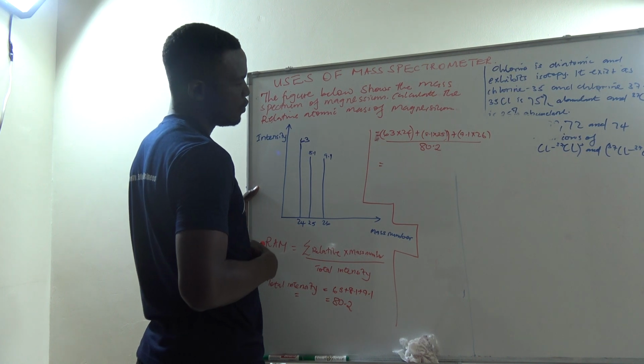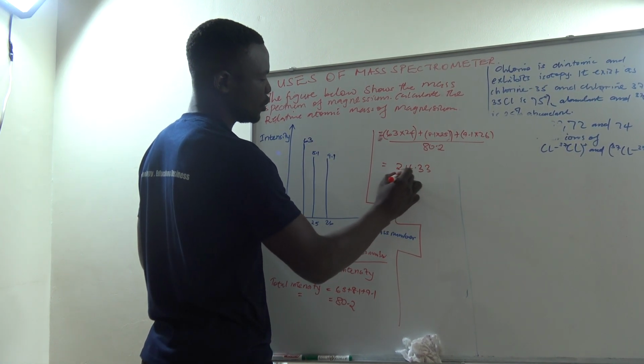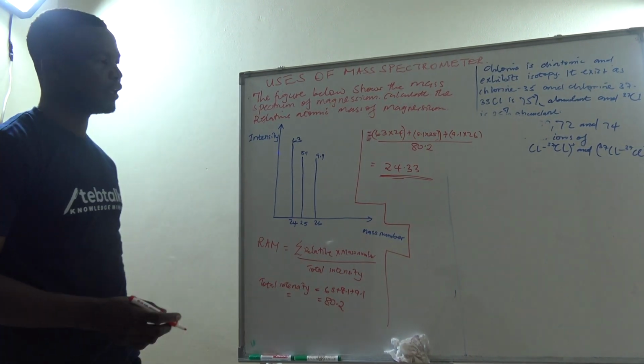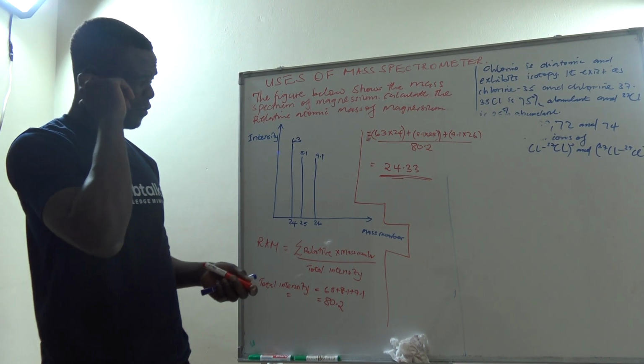And from your calculator, you should be able to get a value like that. And that is the relative atomic mass of magnesium.